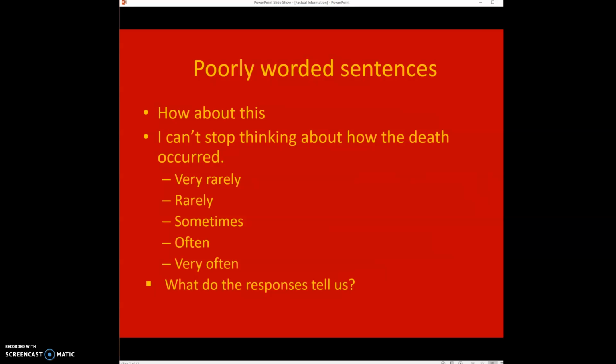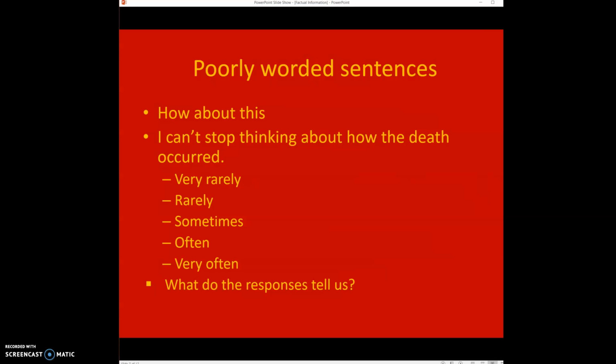Some questions are very poorly worded. If I had the phrase, and I was asking you, do you agree with this? The phrase is, I can't stop thinking about how the death occurred. And my responses are very rarely, sometimes, often, or very often. If I put very often, that means I'm saying that very often I can't stop thinking about how the death occurred.